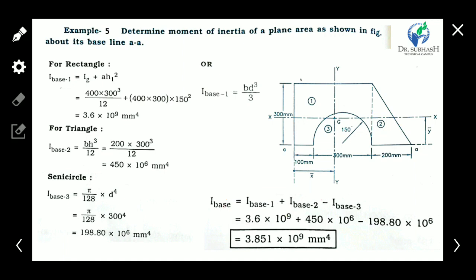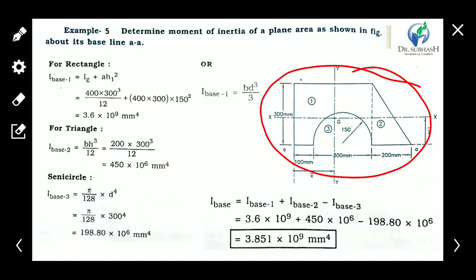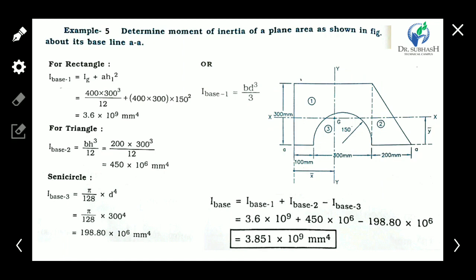Okay, and finally we get the total moment of inertia of this given area about its base axis: 3.851 into 10 raised to 9 mm raised to 4. So from this sum, you can see that if the moment of inertia is found about the base, it becomes very easy because we have a direct equation, so the sum becomes short and easy.